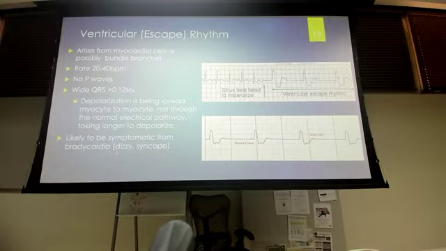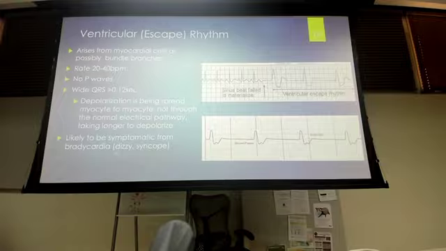Sometimes the junctional area doesn't fire as well. And the last ditch effort is going to be that the ventricular area is going to fire. We're going to take over pacemaking responsibilities. Again, this could be just a ventricular rhythm, or it could be a ventricular escape rhythm, meaning we started off with a normal QRS complex.